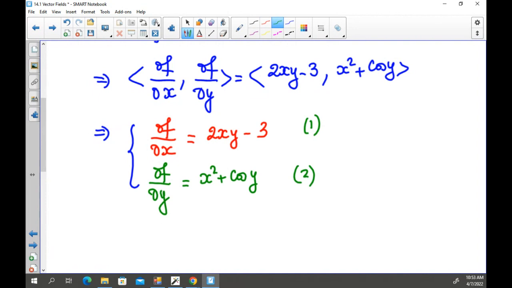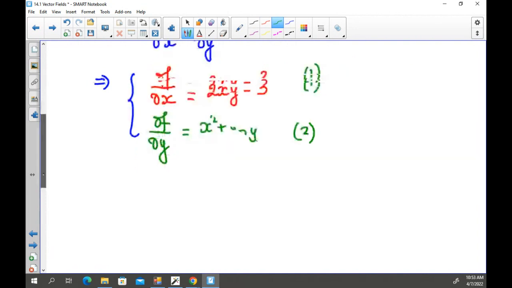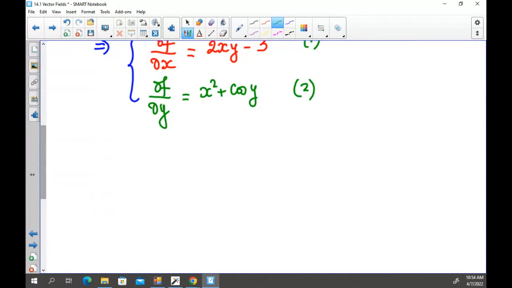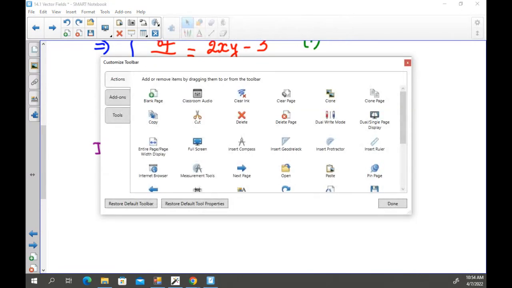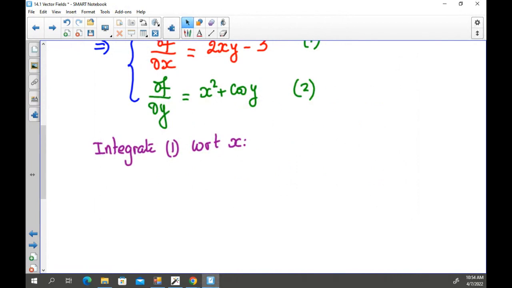We integrate equation 1 with respect to the variable x. It's always like this. It's a nice method. It's not very difficult, really. So just follow it, and things should work out.